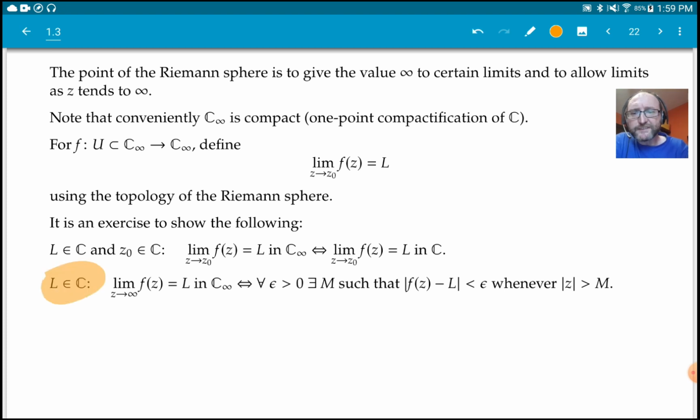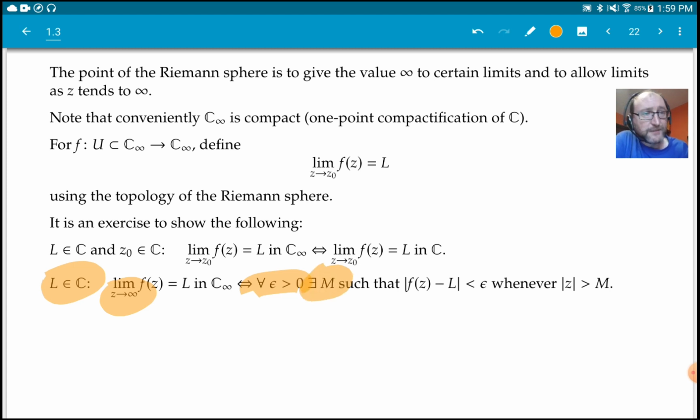Now, second thing, suppose that L is some complex number and I look at the limit as z goes to infinity. That should be the same thing as, if I don't want to say anything about the Riemann sphere, I say that for all epsilon there exists, so instead of delta, this is really going to be about some m being bigger and bigger, sort of going off to plus infinity as a real number, right?